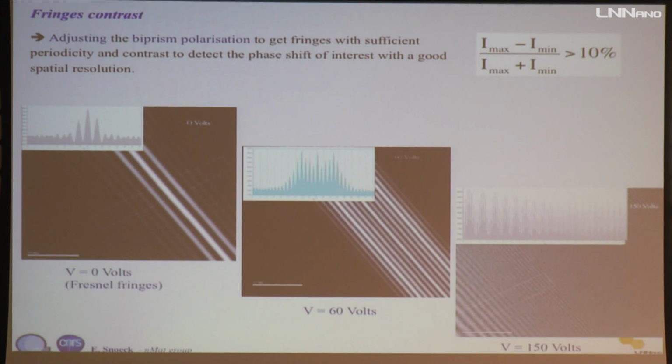What you need as well is adjusting the polarization of the biprism to have sufficient contrast. What you see there are the different interference fringes, holograms. They are similar, and they are synonyms. As a function of the voltage you are putting on the biprism.